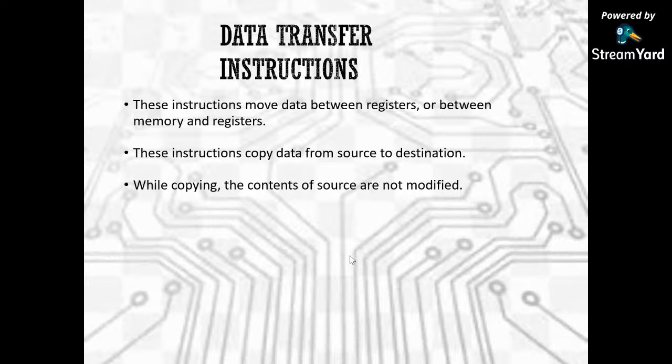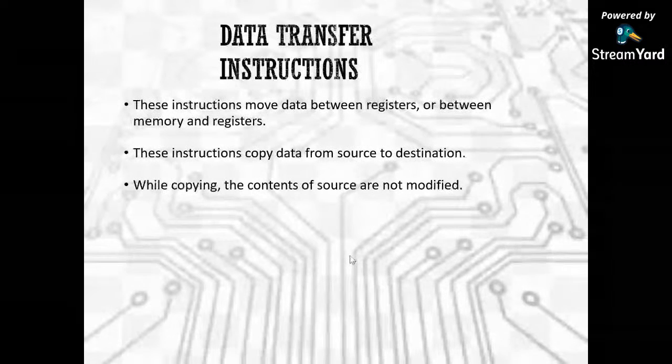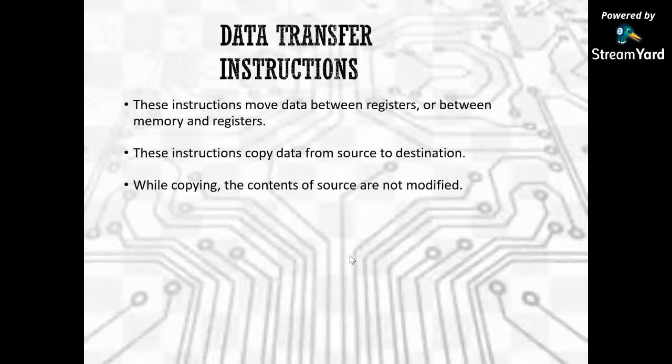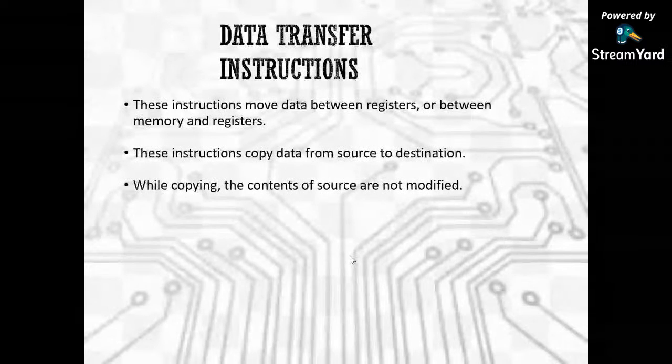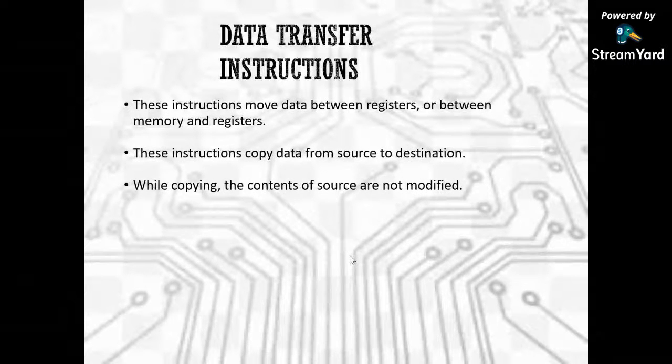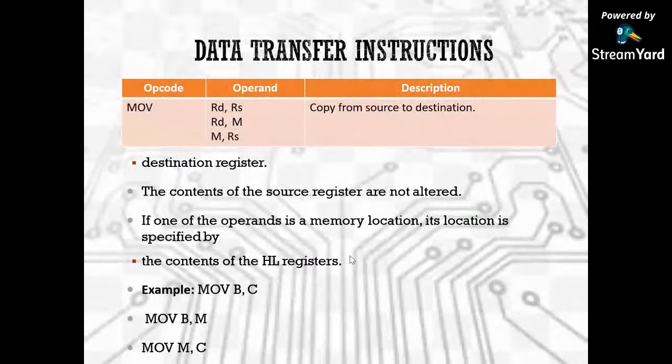Jadi intinya adalah mentransfer data dari sumber menuju ke tujuan. Ketika melakukan transfer tidak ada modifikasi data sumber, jadi apa adanya ditransportasikan menuju ke tujuan. Proses data transfer ini membutuhkan operan. So for the data transfer instruction, we have an opcode, operand, and description.